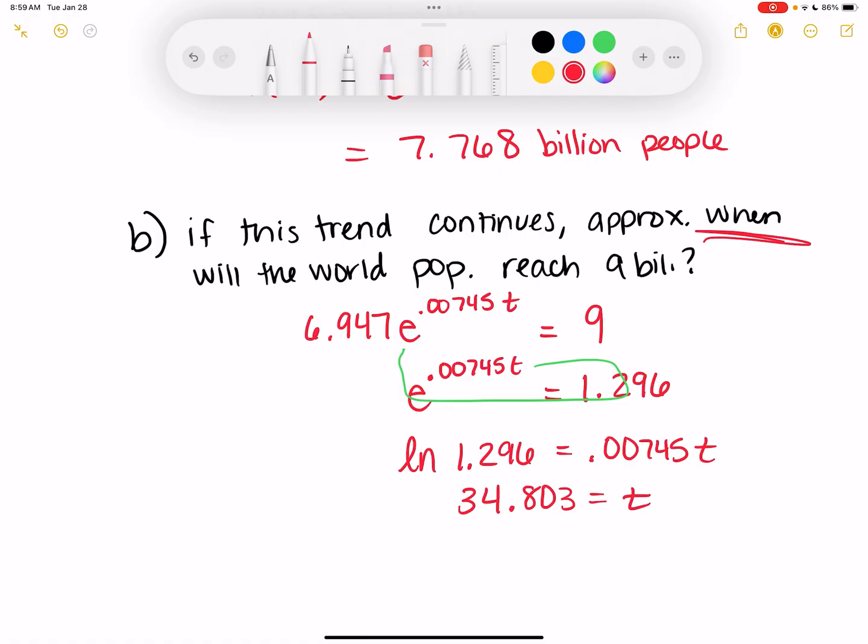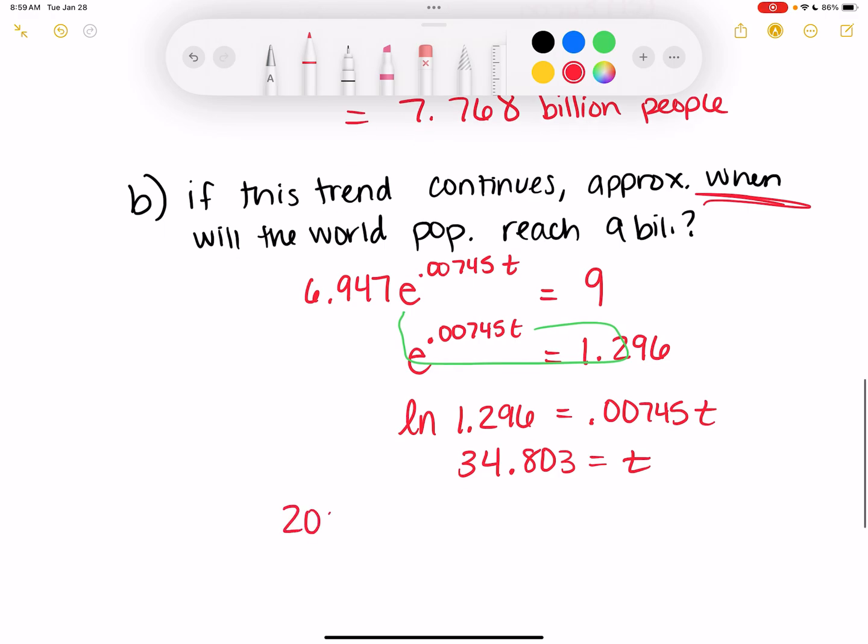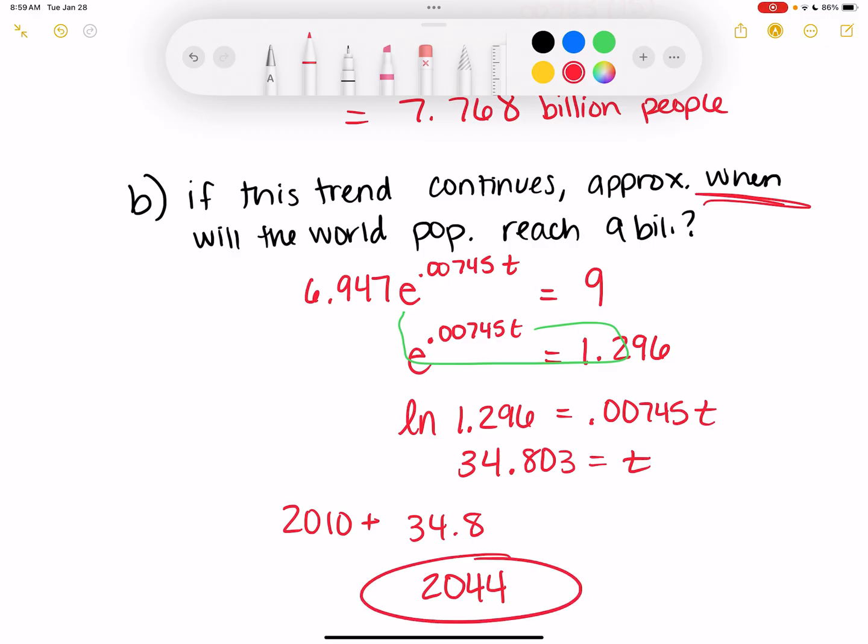If t was years since 2010, add it to 2010. Yep, so I'm going to do 2010 plus the 34.8. That means that this will be the year 2044. So basically during the year 2044, this will happen.